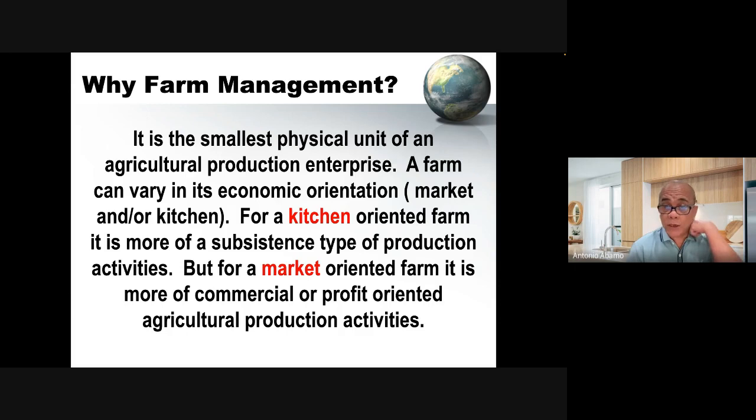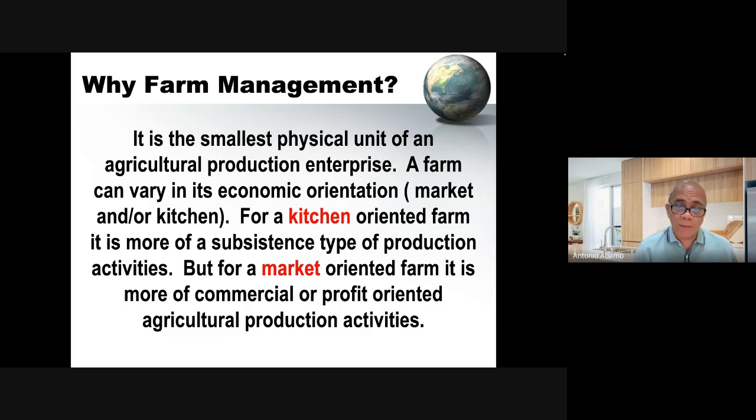We need to understand the workings and the activities inside the farm, because it is the smallest physical unit of an agricultural production enterprise. A farm can vary in its economic orientation. It can either be for kitchen or for market. Kitchen-oriented farms are exemplified by a farm that produces only to support subsistence needs, in other words, it does not produce surplus for the market.